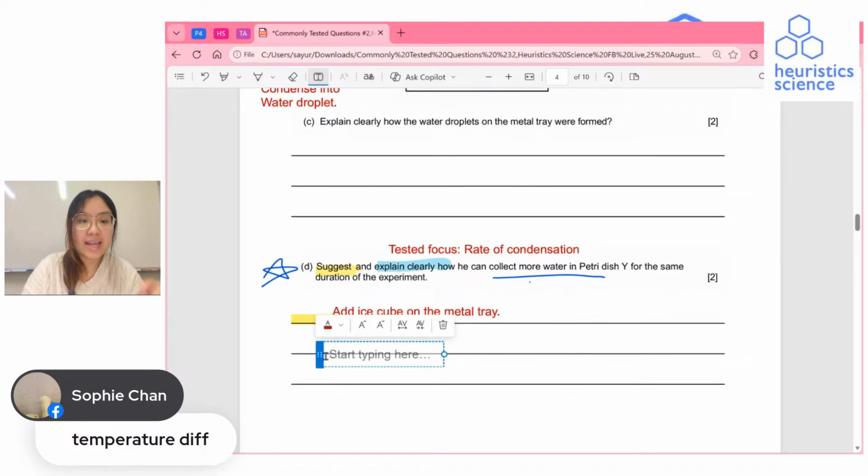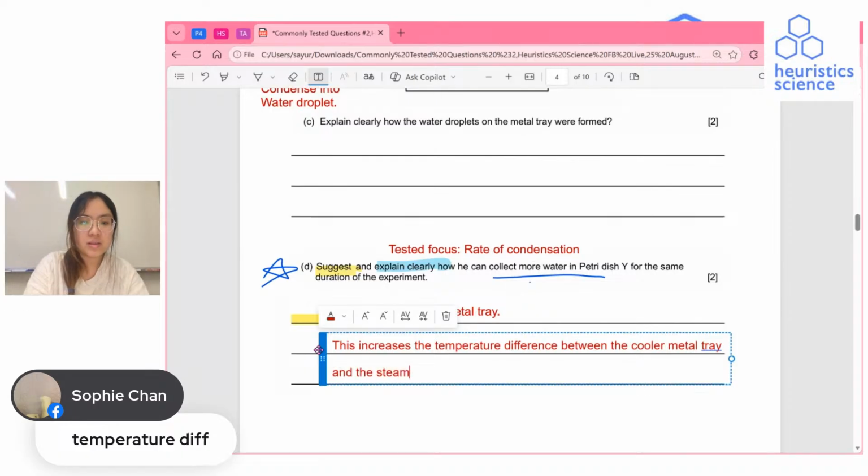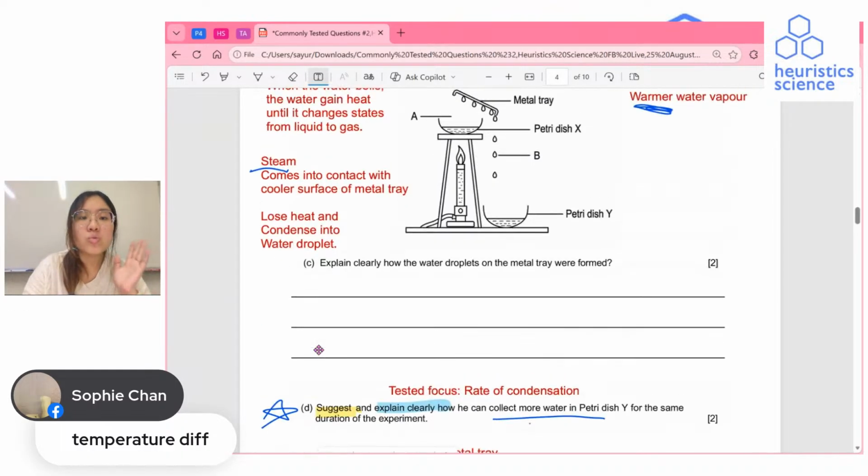Adding ice cubes is going to increase the temperature difference between the cooler metal tray and the steam. What do we mean?